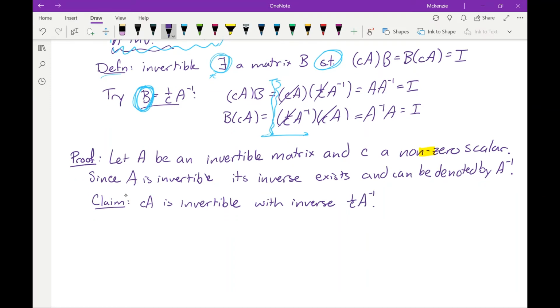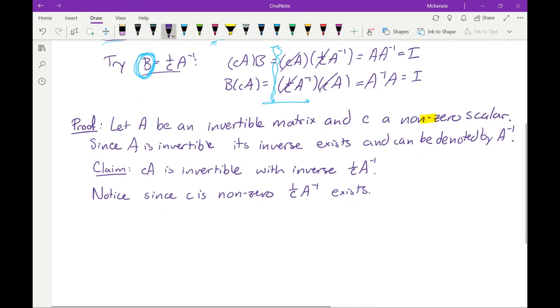Sometimes you might get lost in your proof, and it's a good thing to just remind the reader of what is going on and why you're saying things. So we might also want to say, notice, since C is non-zero, 1 over C A inverse exists. So we did indeed use this non-zero assumption.